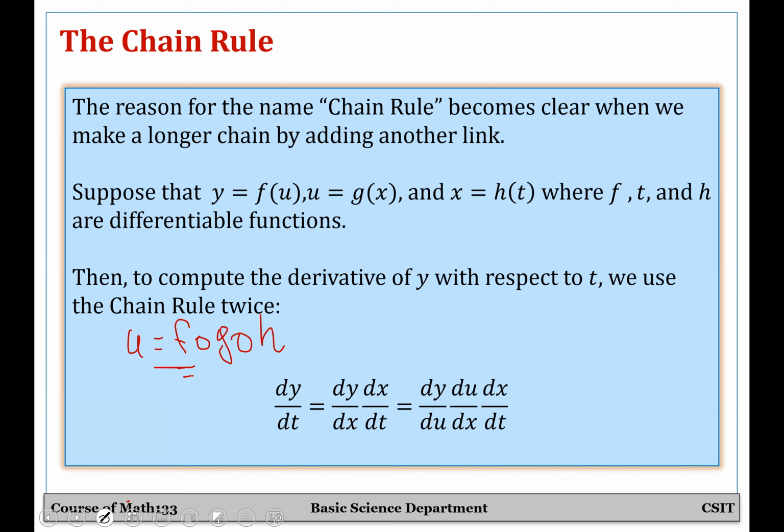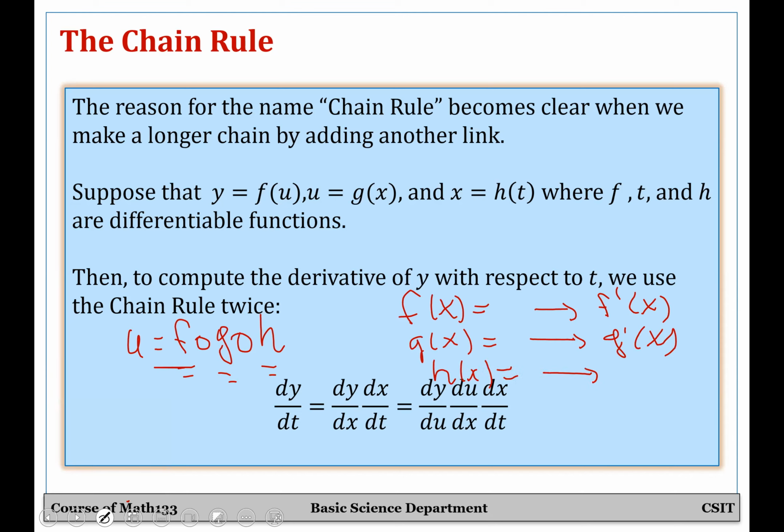So you see that you have 3 functions. So you will write, as usual, f of x equal, then f prime of x, g of x equal, then g prime of x, and h of x equal, then h prime of x. Okay, so if you want to compute u prime, you will do the following.